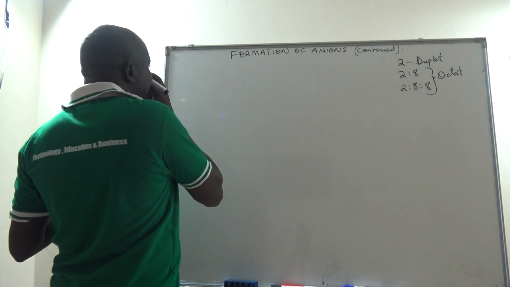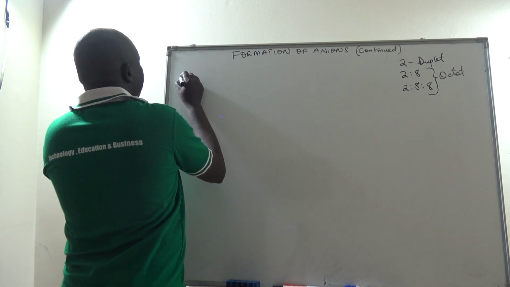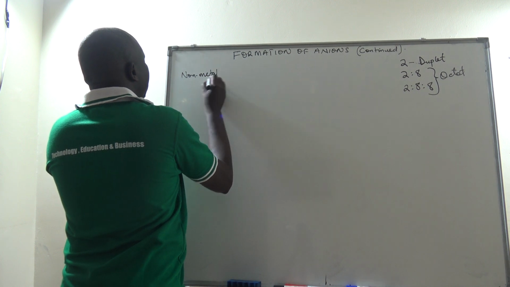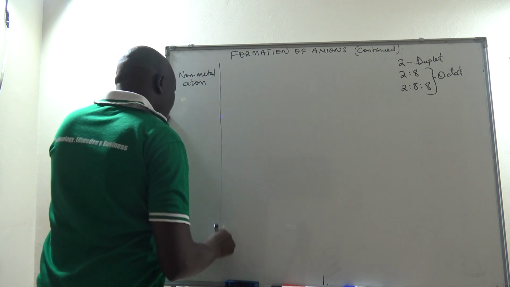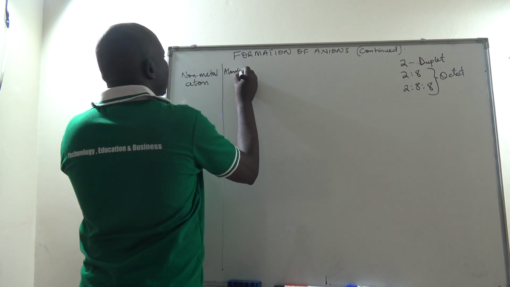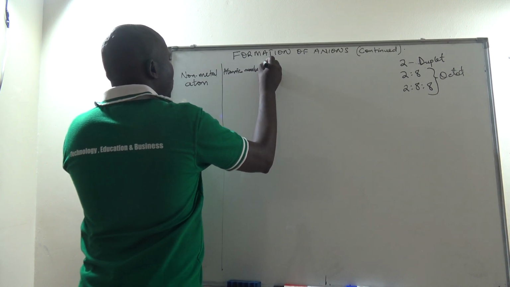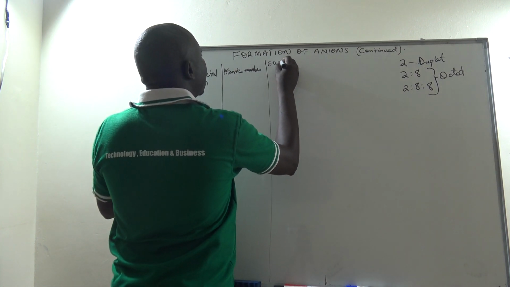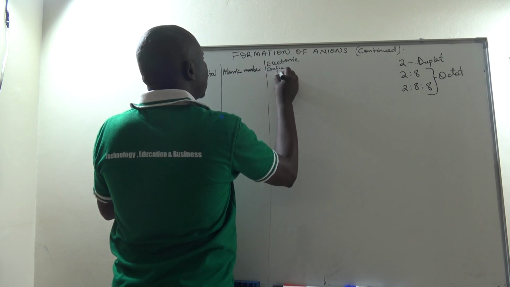So let us look at this table here quickly. We have a non-metal atom. We are going to look at its atomic number. We shall have a look at its electronic configuration.